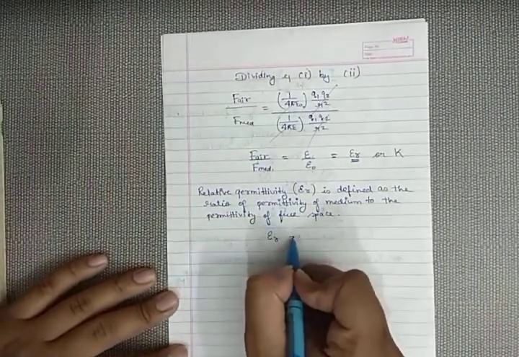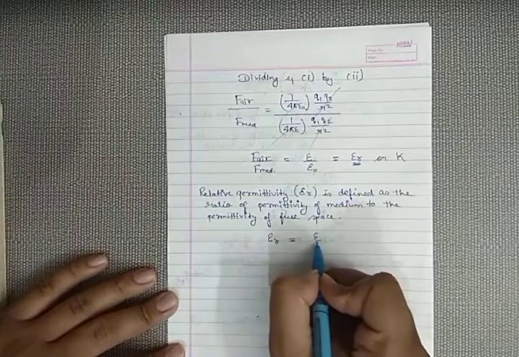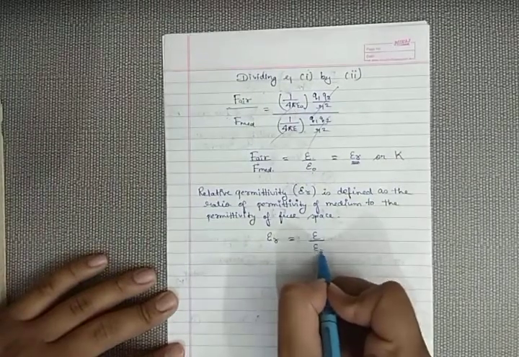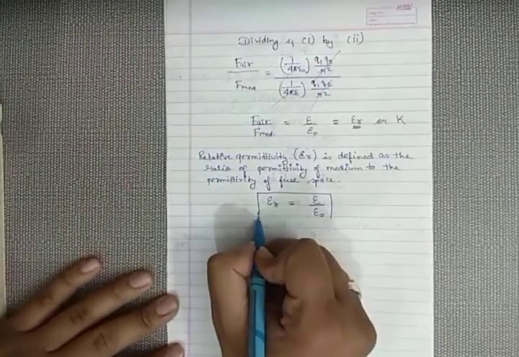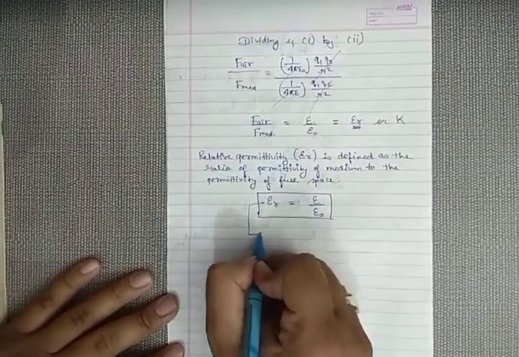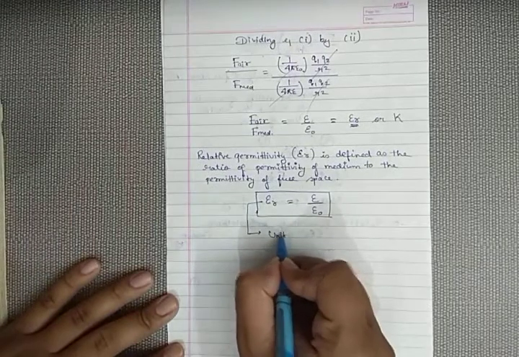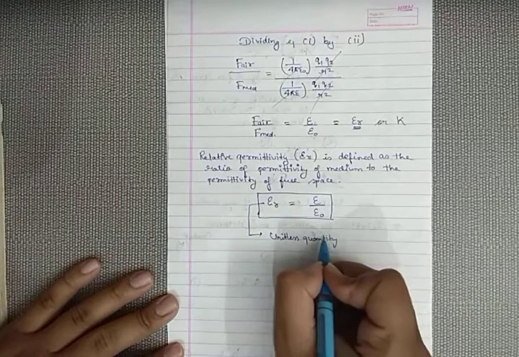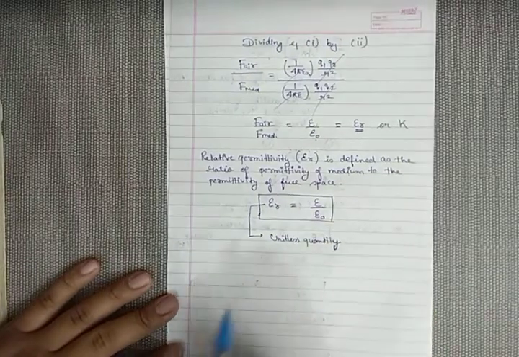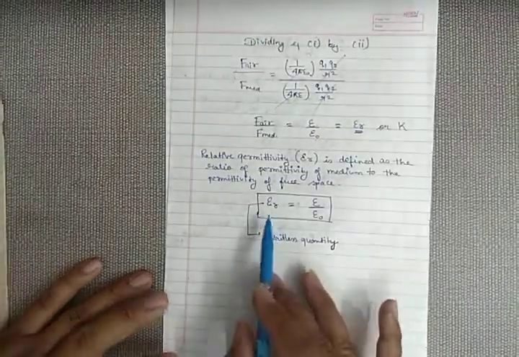Epsilon r is defined as the ratio of permittivity of medium to the permittivity of free space. Now from this expression you can also say that epsilon r is a unitless as well as dimensionless quantity. There is no unit or dimension of this epsilon r.